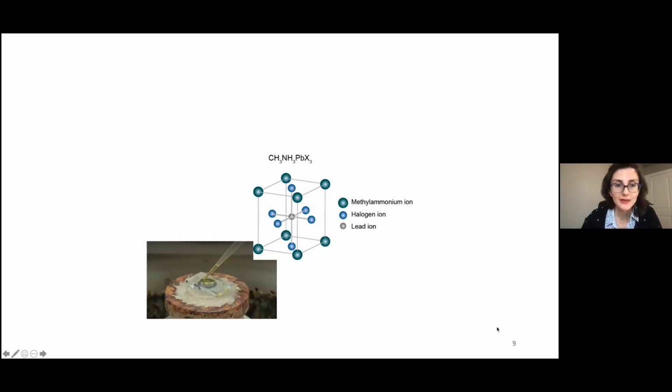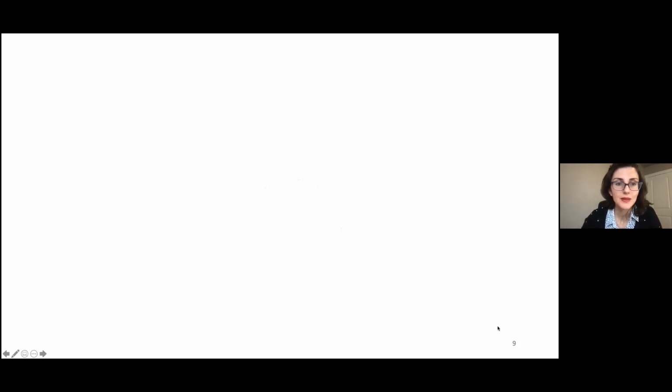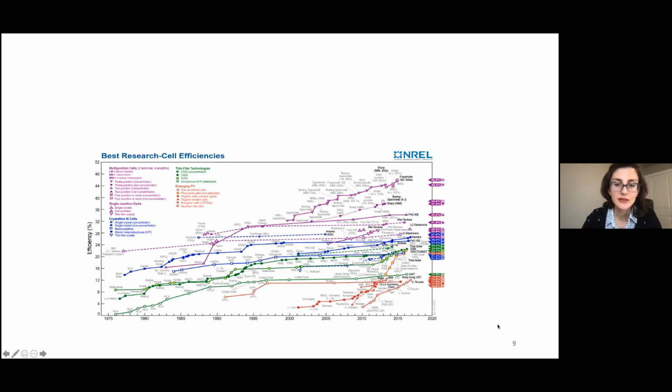And I wanted to add on top of this now. Here you see the National Renewable Energy Laboratory's Best Research Cell Efficiency Chart. This includes all types of technologies that exist today, and it shows how cell efficiencies evolve with time and who breaks the efficiency records.